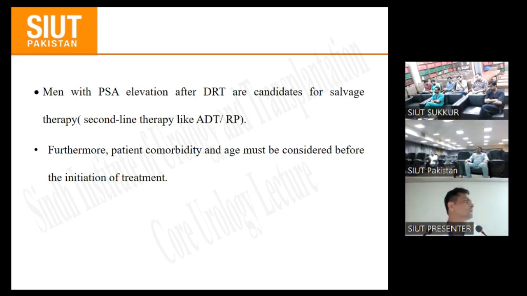Now, at the third place of the decimal point, there might be something coming up, maybe after 3 months, maybe after 6 months, maybe after 5 months, and that may be 0.001. If that is the case, don't do anything. Just keep your vigilance, keep your patient under surveillance, and keep your fingers crossed that there is no biochemical recurrence, but the point hasn't been reached when you can act upon and do something to control the disease.